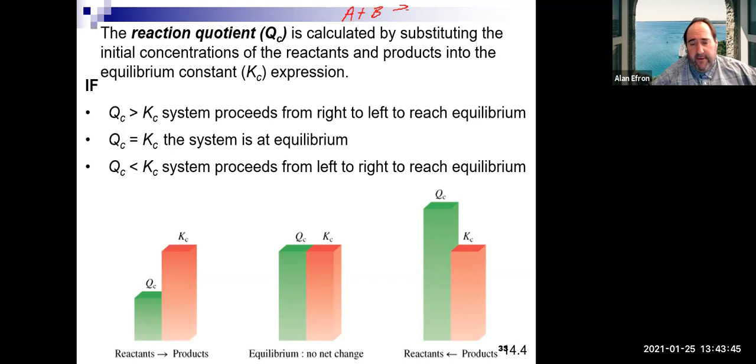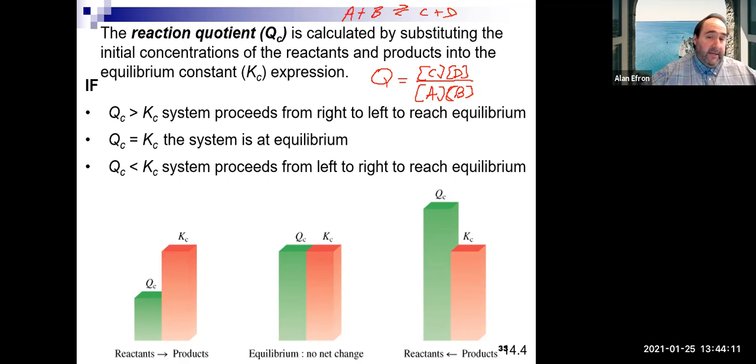So if you had our reaction that we've seen, this generic guy, if I wanted to calculate Q, it is still our products divided by reactants. You would still take the coefficients as the exponent. So whatever the coefficients were, just like you would do with K, it is calculated the exact same way. So you may say to yourself, if it's calculated the exact same way, what's the deal with the different letter?